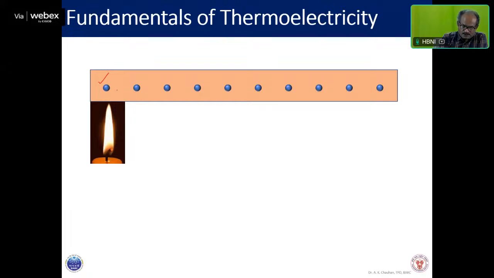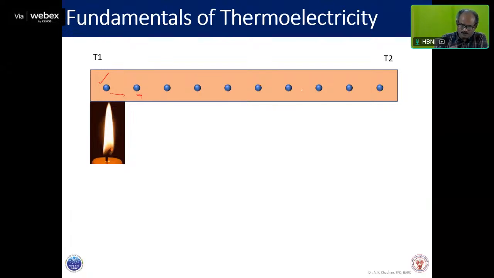So the electrons in this part will get a higher thermal energy than those, and therefore these electrons will start moving in this direction. As the temperature increases, the electrons on this side will try to shift to the other side.